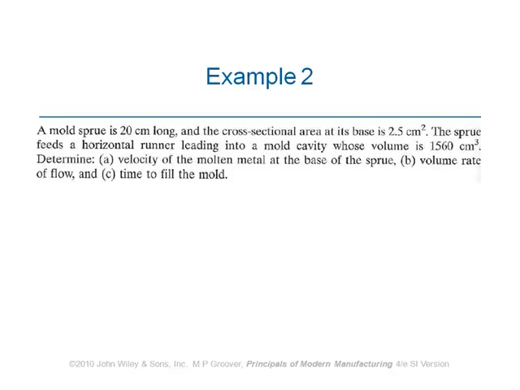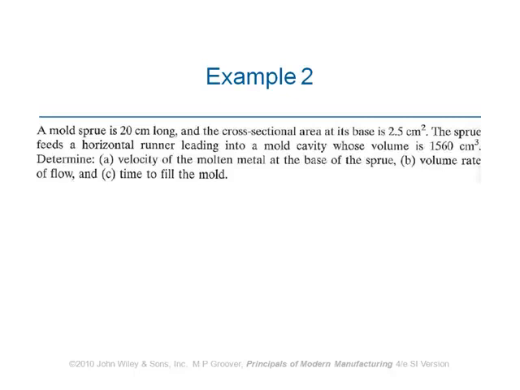A mold sprue is 20 centimeters long, sorry, not 20 meters, it will be really long then. 20 centimeters long, which is the height of the sprue, and the cross-sectional area of its base, when it is narrowest at the bottom, is 2.5 square centimeters. The sprue feeds a horizontal runner leading to a mold cavity whose volume is that much.